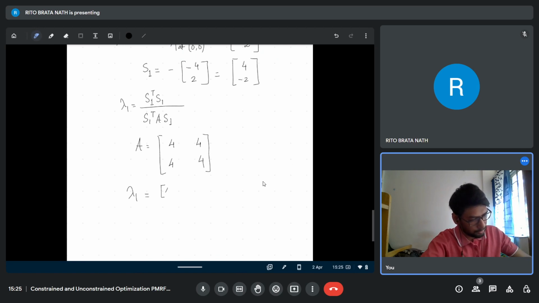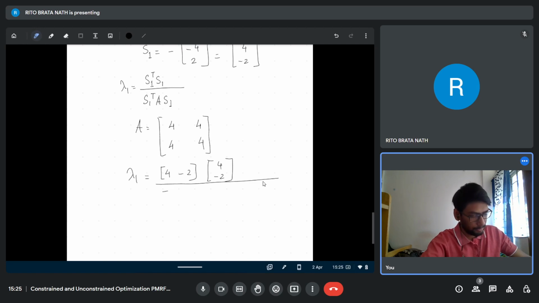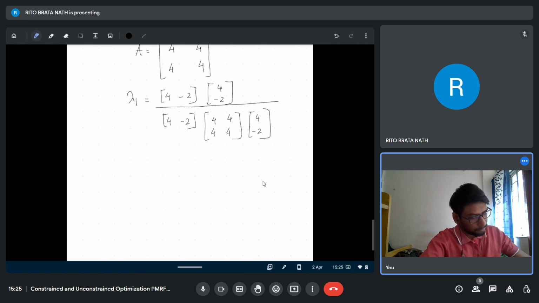Lambda 1 is 4 minus 2 divided by 4 minus 2, times A, times 4 minus 2. So the numerator is 16 plus 4, which is 20, and in the denominator it will be 16 minus 8, so that's 8, and here also it will be 8.